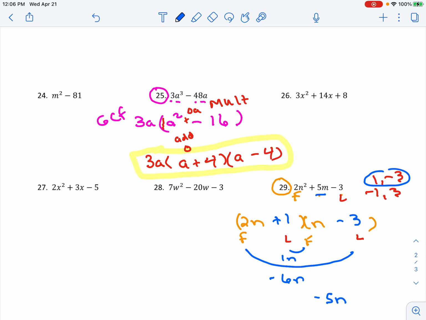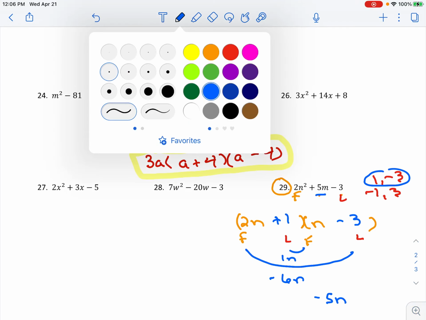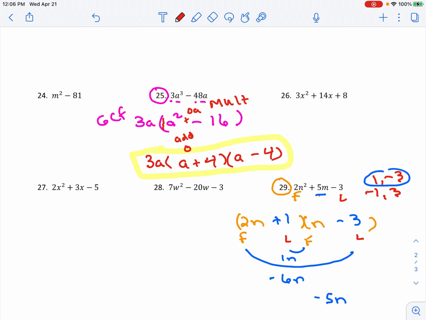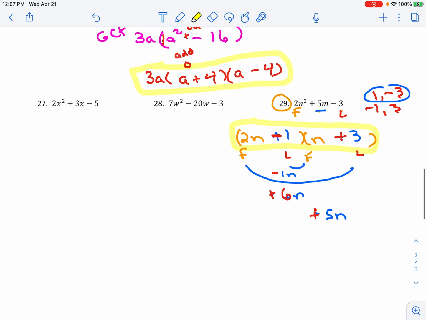Well, that's pretty close because what I need it to equal is positive 5n. So all I need to do here is change the signs and make this minus and this plus. And now what happens is I get positive 6n and I get -1n, which gives me my +5. So now I have the right combination with guess and check.